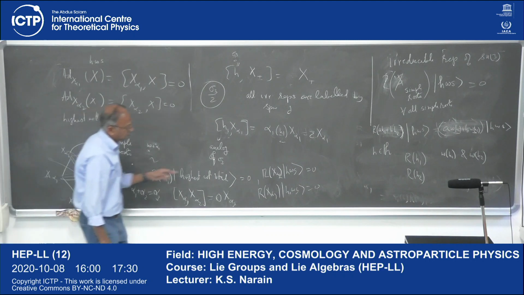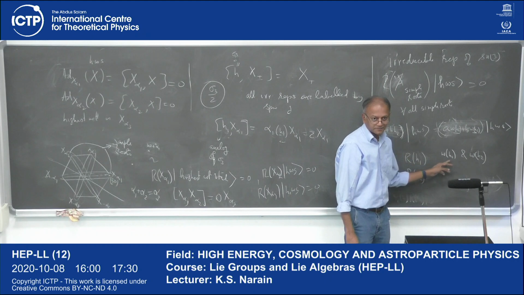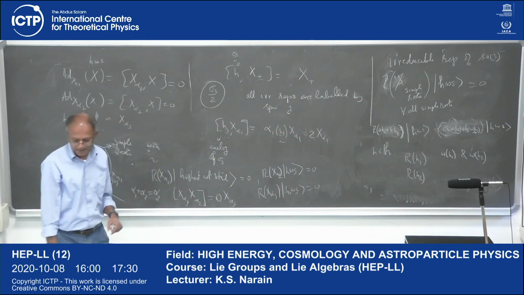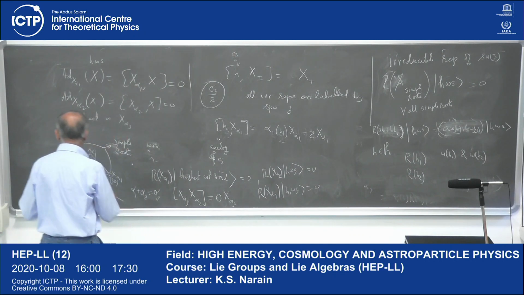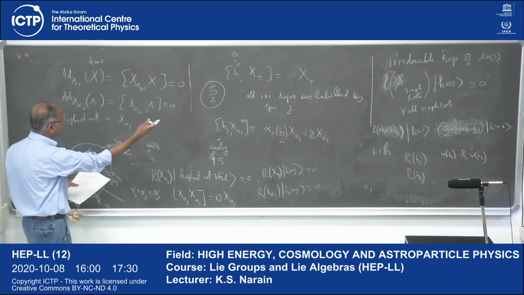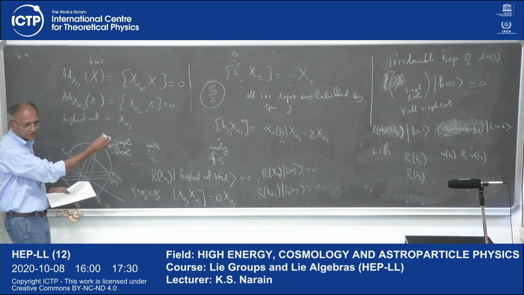Now, what are these numbers, the corresponding weights W? That was already in that exercise. We said alpha 3, exercise 8.4: these weights are nothing else but the roots, because now we are talking about the adjoint representation, and the adjoint action is just the roots.